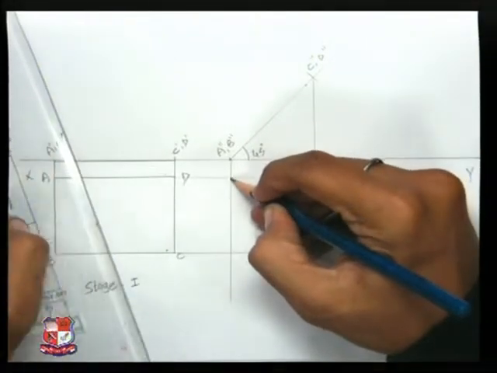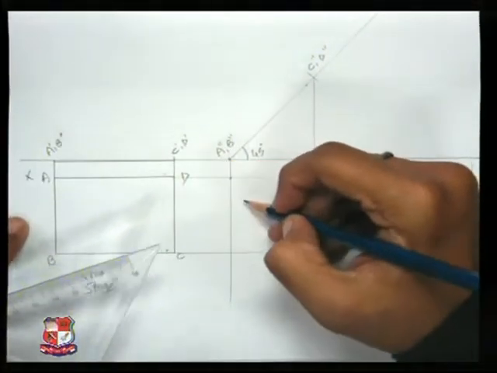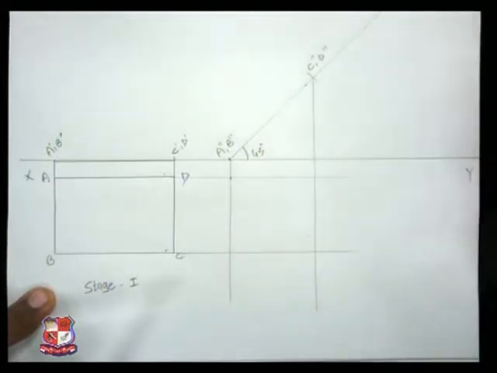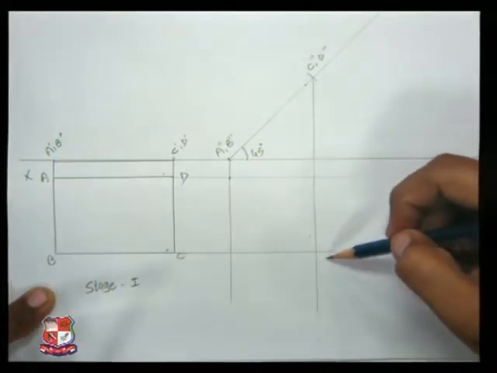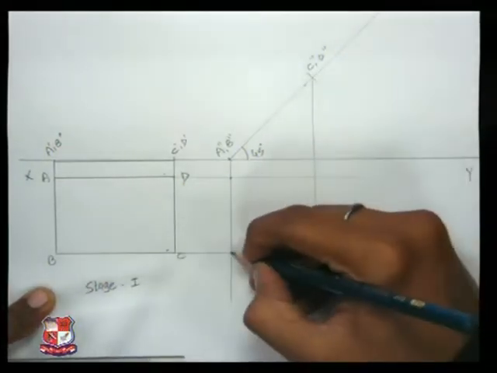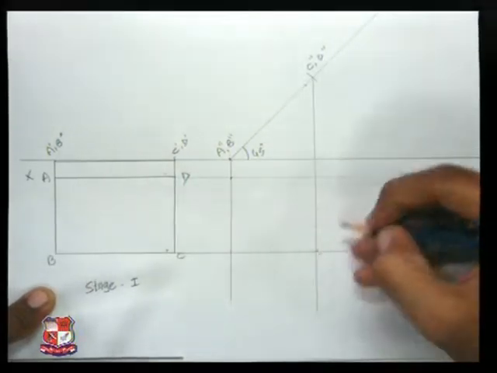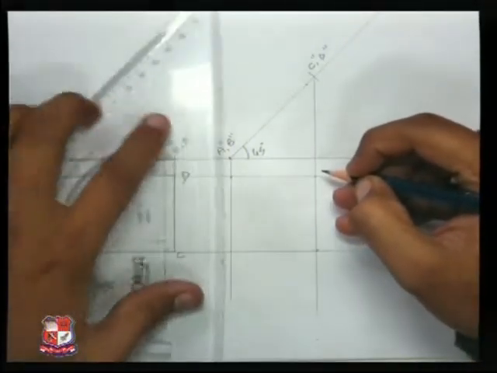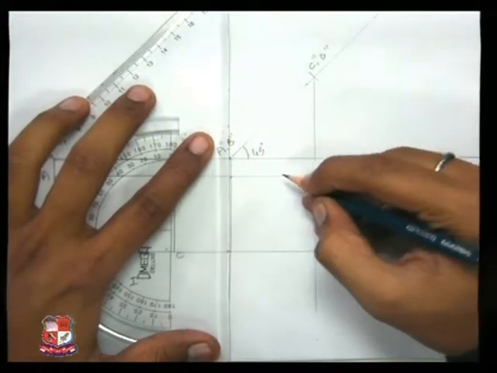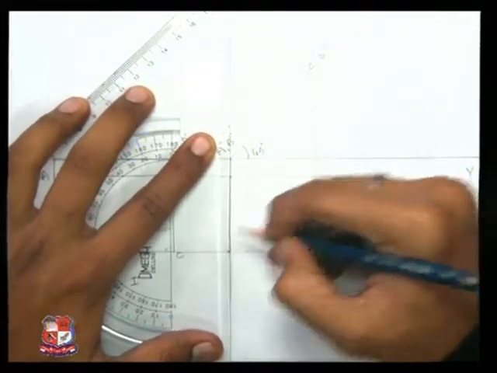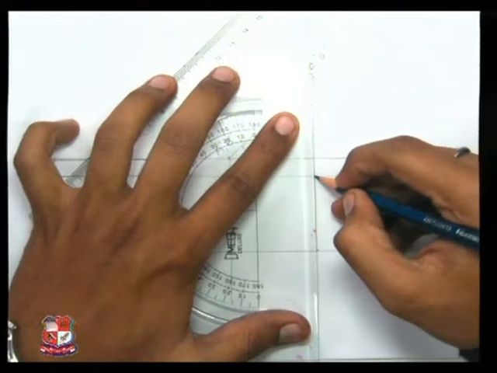Mark point where A and A double dash line is intersecting, B and B double dash line is intersecting, C and C double dash, and D and D double dash. Mark 4 points. By joining it, we will get a second stage position.